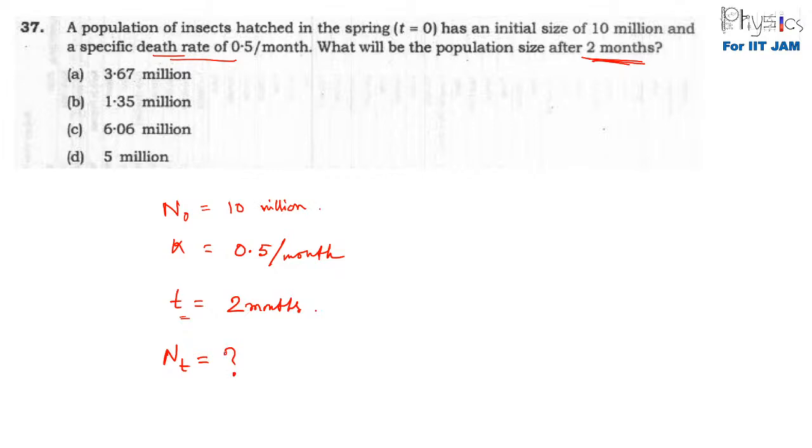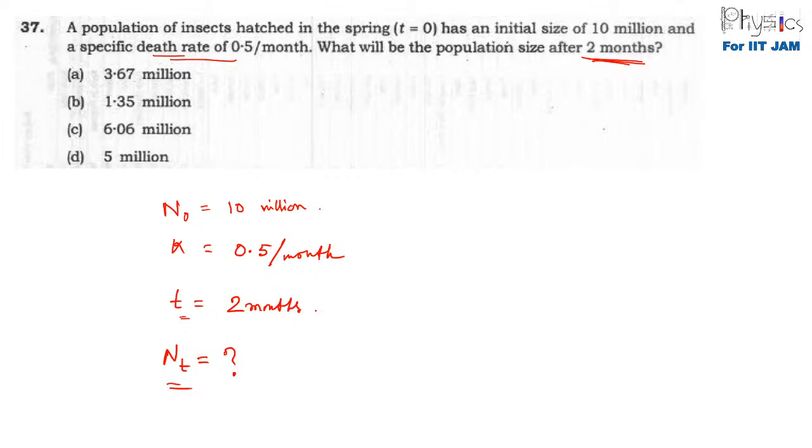What is the value of this N_t? Do you remember the formula? Do you remember the nature of this kind of population problems?